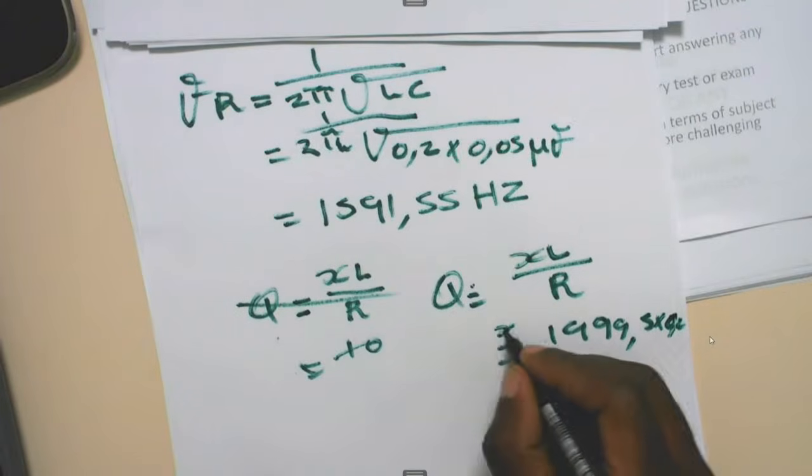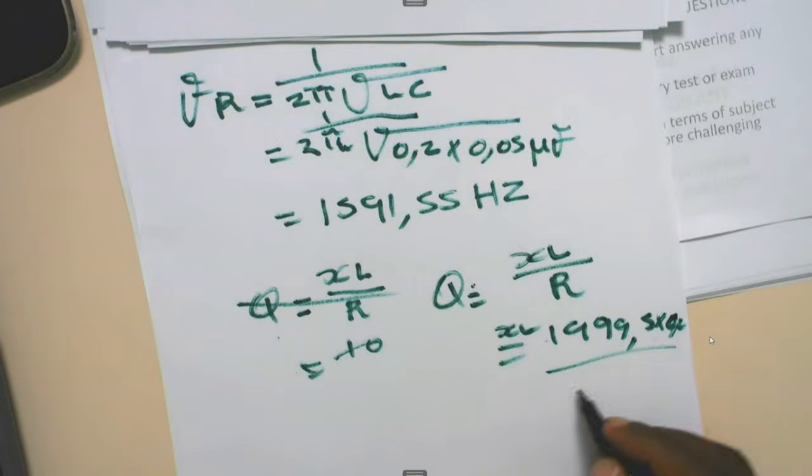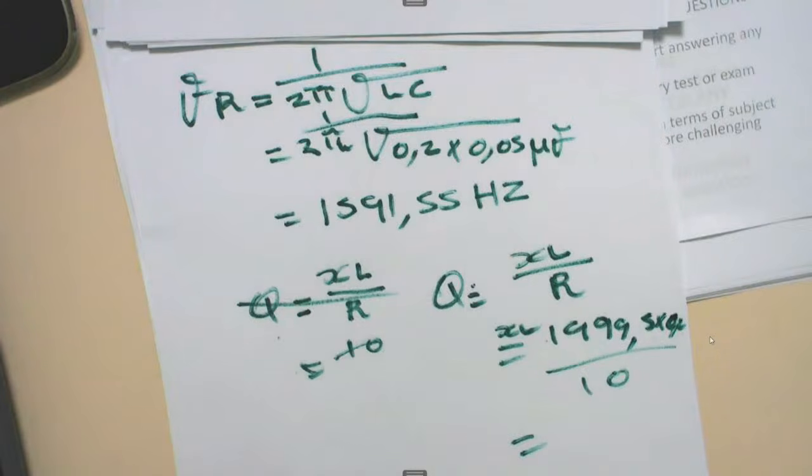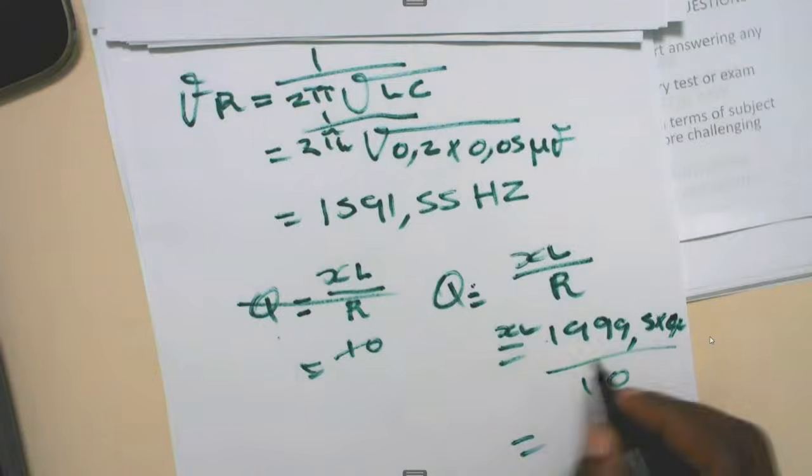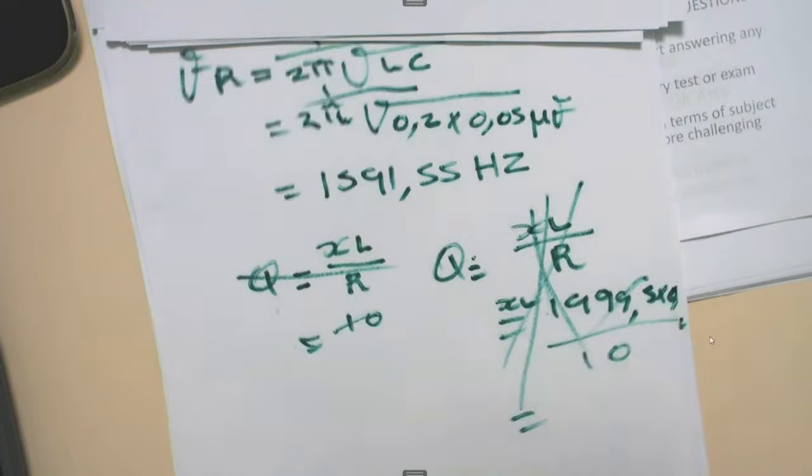0.2. So this we are calculating our XL, so over 10. So if you put it into a calculator, it will give you the value of about, wait, so can I just scratch this one?